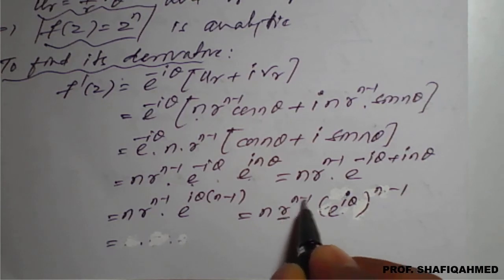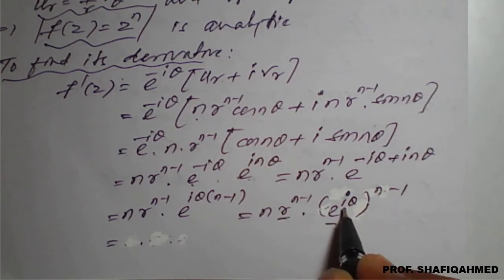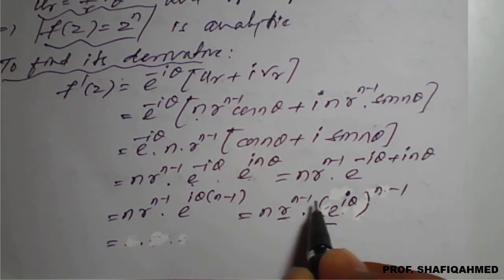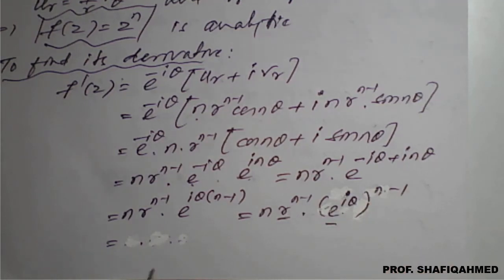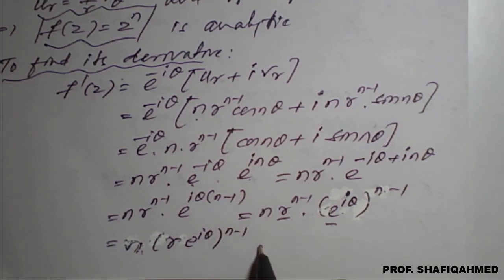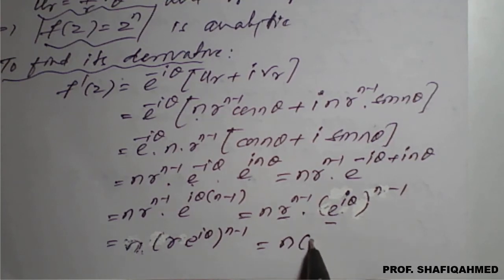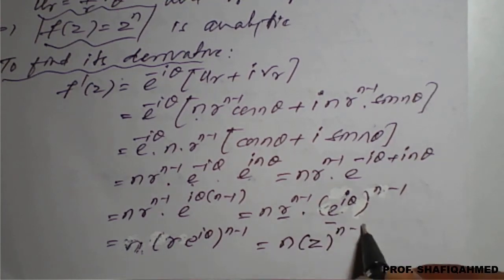Then r raised to n minus 1 and e to the power i theta raised to n minus 1 have the same powers, so we can write this as n into r into e raised to i theta whole raised to n minus 1, which is n into r e raised to i theta, which is nothing but z raised to n minus 1.